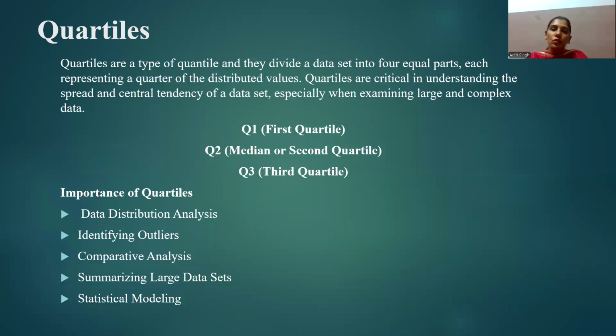When we divide the area into four equal parts, the first quartile, the second quartile, and the third quartile are the three basic quartile categories: Q1, Q2 and Q3.